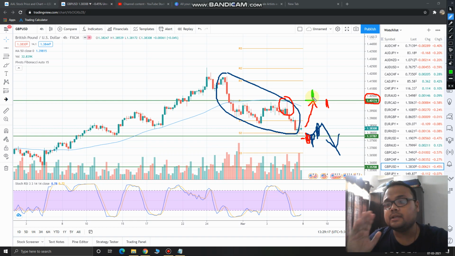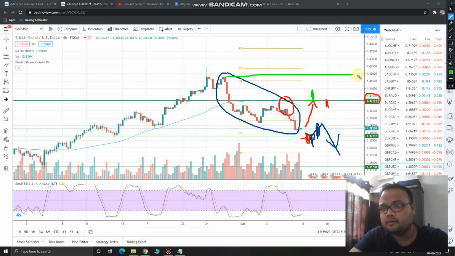Let the resistance become the support. Then only you should go ahead and buy, and your target will be this level, 1.4200. So you can buy above this level only if market gives a breakout and market trades at least for 1 hour above this resistance.